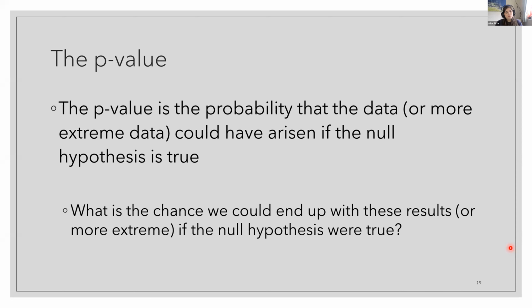If that probability gets really, really small, so if that starts being 1% or 0.1% or 0.001%, then you're saying the chances of me seeing the result I've got or more extreme if the null hypothesis is true are absolutely tiny.